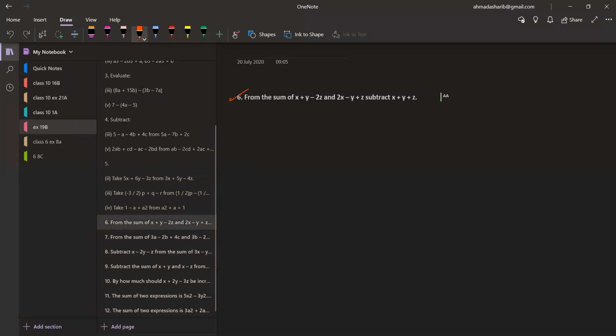Question number 6. From the sum of this and this, subtract this. First, we have to find the sum of this and this. So x plus y minus 2x and 2x minus y plus z, and we have to find the sum.